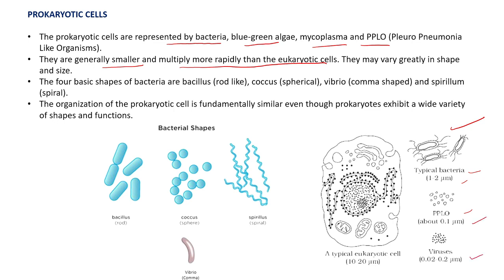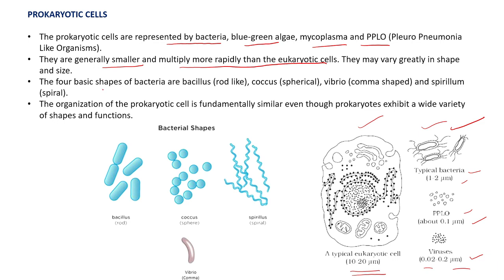Viruses are in the size of 0.02 to 0.2 micrometer. When you compare these prokaryotic cells with eukaryotic cells, which have a size of 10 to 20 micrometer. So these prokaryotic cells can be of different sizes and shapes.